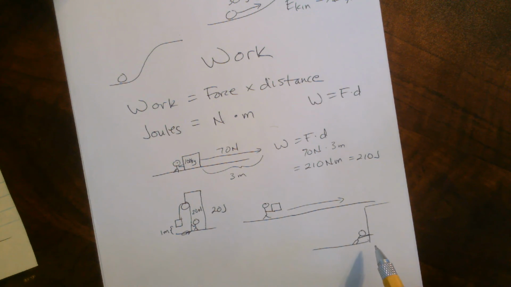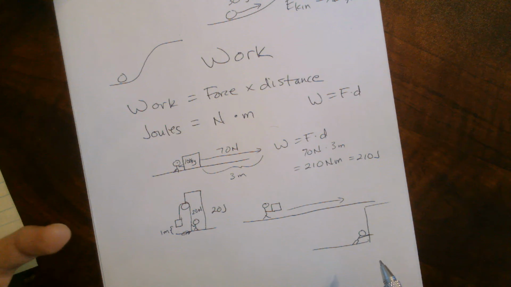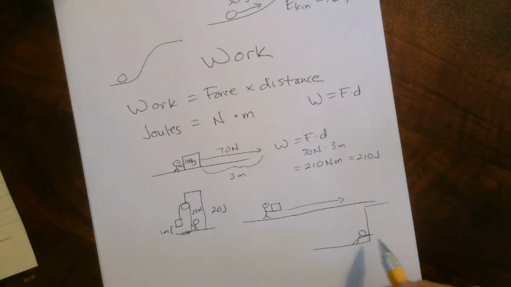Now you could make the argument that the person's heart is pumping fast, so there's actually a force of the heart pumping blood, and that blood is moving a distance through your veins. So maybe you're doing work on the blood in your system, but you're not doing any work on the wall technically. So you only consider the object and the force on it and the distance that it's gone.